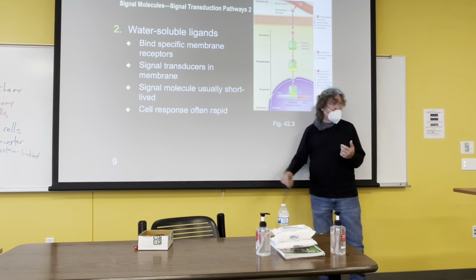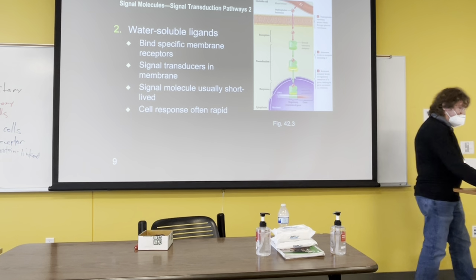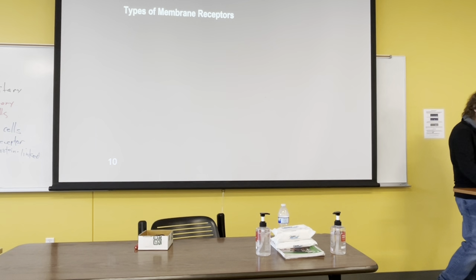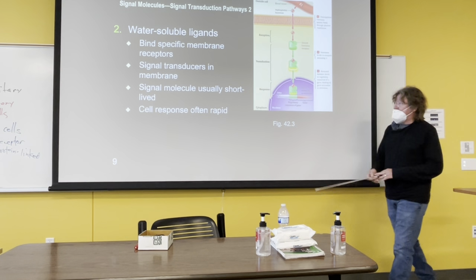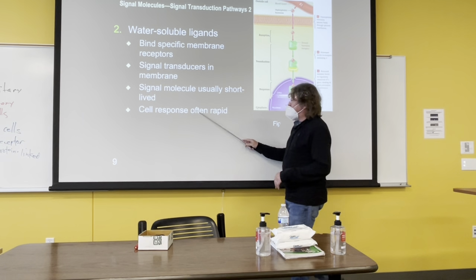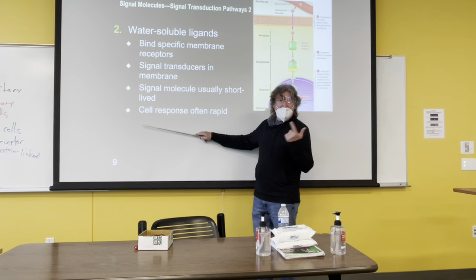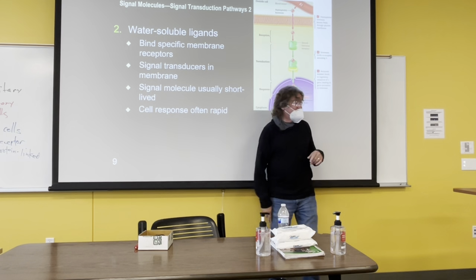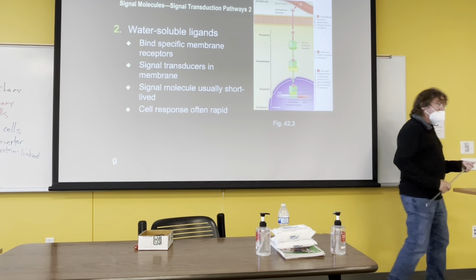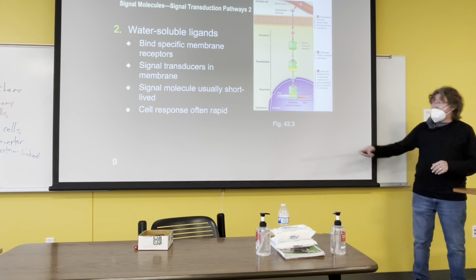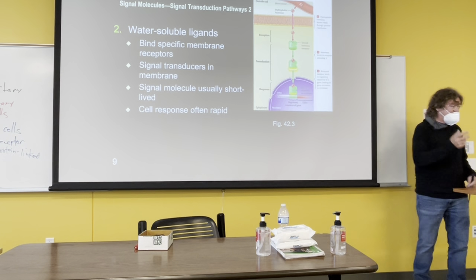Seconds to minutes can be very, very rapid, and so forth. And usually the response, I should have put it up there too, cell response is rapid, but usually short-lived. Usually short-lived, okay? This is for acute stresses, and then it's over.